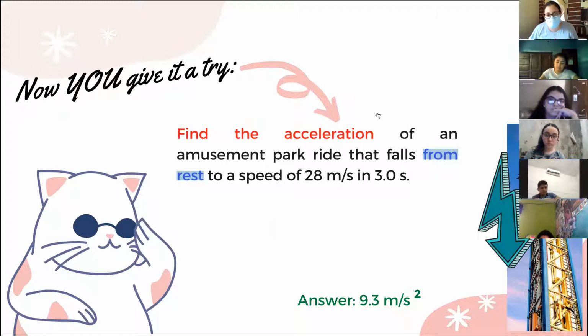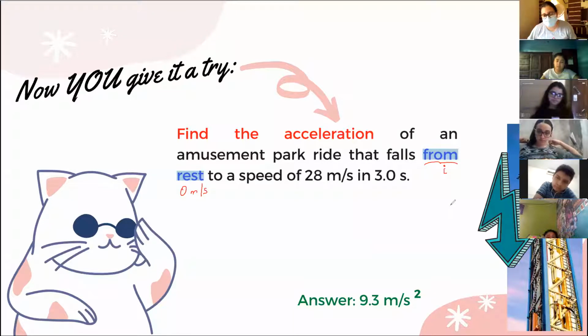When it says from rest, it is a condition, because remember, from represents an initial condition. And from rest is 0 meters per second because it wasn't moving, okay? So here, from rest means that the initial velocity is 0.